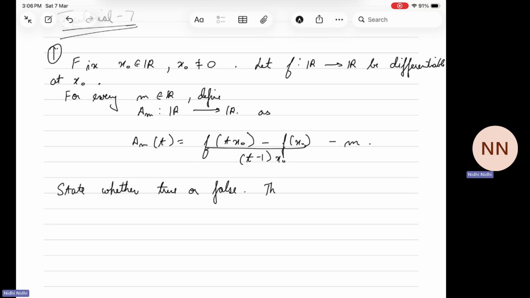There exists m in R such that the function A_m is continuous at t equals to 1.